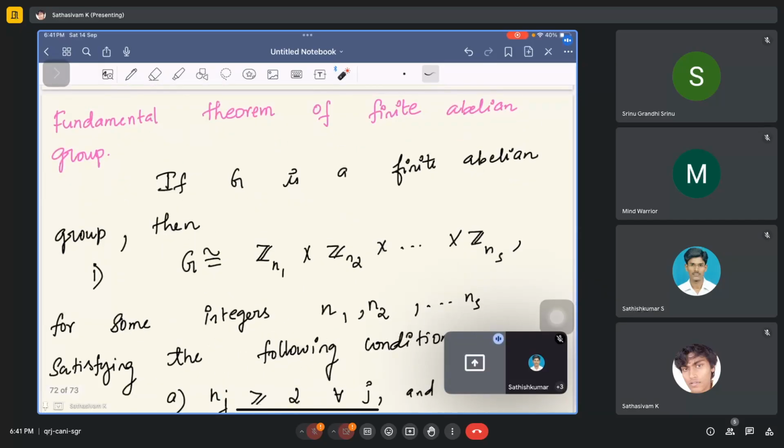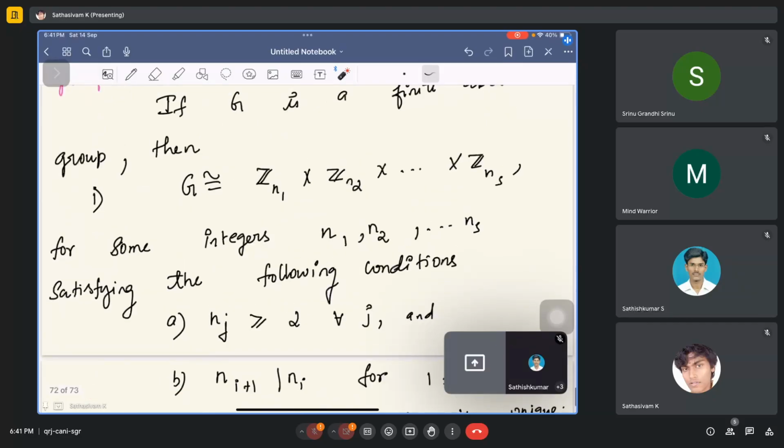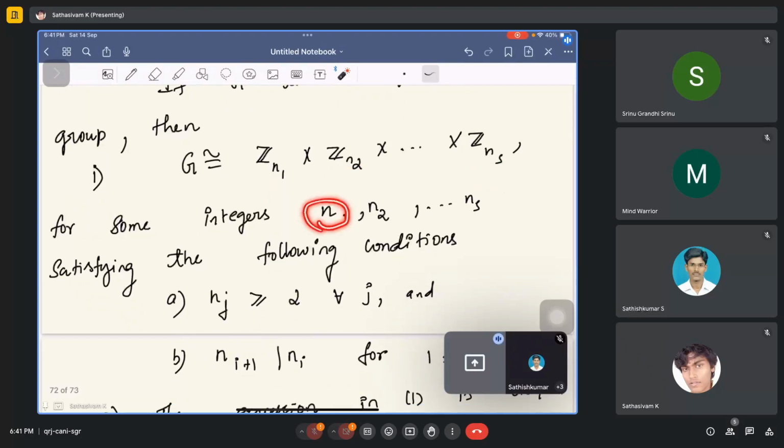Okay, so this is the structure theorem. Like for the cyclic group, there is a structure theorem, right? So the theorem says if G is a finite abelian group, then two statements have to hold, statement 1 and statement 2. Statement 1 says G is isomorphic to a direct product of cyclic groups, Z_n1 cross Z_n2 cross etc. cross Z_ns. These n1, n2, etc. are integers, and they have to satisfy certain conditions.